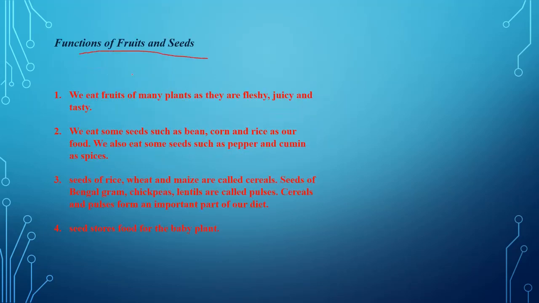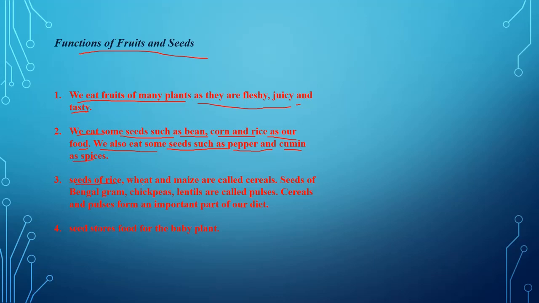So, the function of fruits and seeds. We eat fruits of many plants as they are fleshy, juicy and tasty. For example, watermelon, mango, etc. We eat some seeds such as bean, corn and rice as our food. We also eat some seeds such as pepper and cumin as spices.